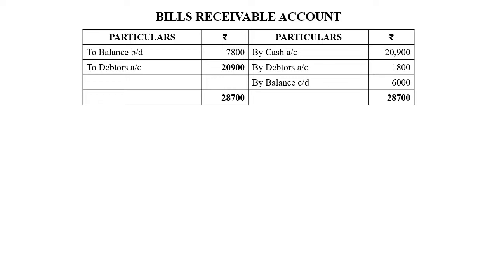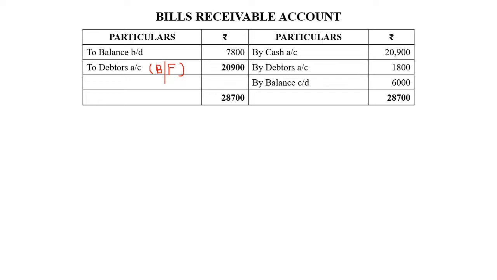To debtors account, within the bracket you write balancing figure 20,900. It is balancing figure.